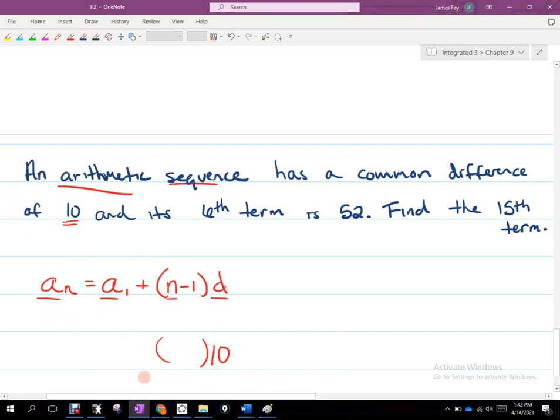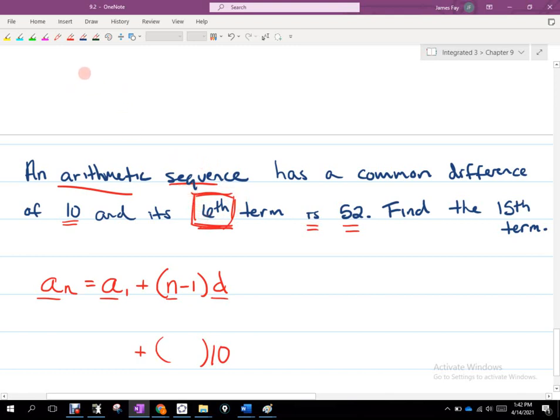Now, it then says the sixth term is 52. So "is" means equals, right? So what is this 6 referring to? That's n. That's the position in the list.